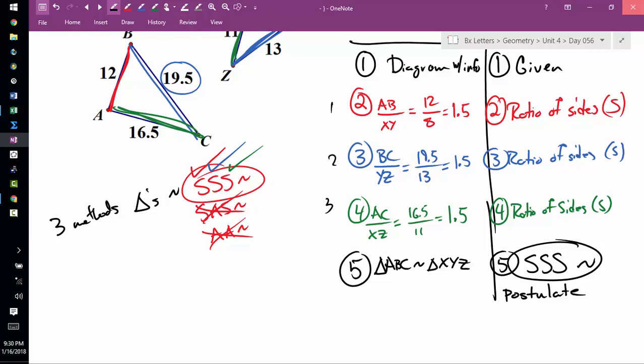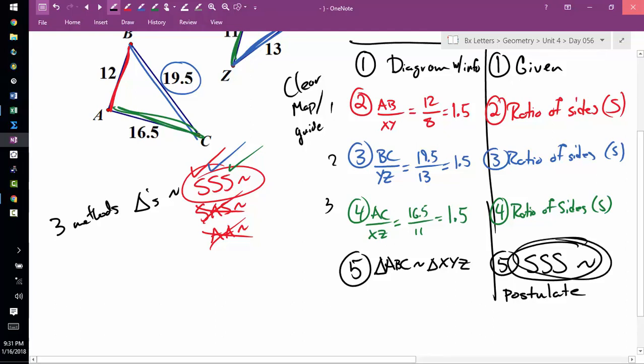They're going to open up a textbook and look up what you just wrote, SSS similarity. And all that stuff is going to be cited there. So proofs are not about defining things. It's about writing a clear map or guide to explaining why this is. We don't need you to write an essay. We just need you to explain all the details and then wrap it up in a nice bow for us. And that's what this problem did.